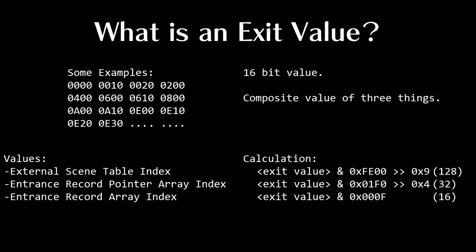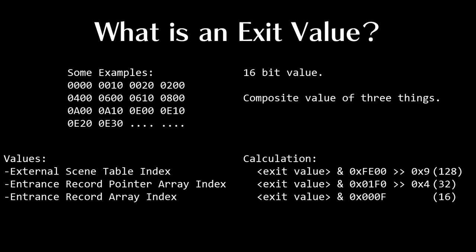And then finally, for the entrance record array index, it's the exit value with a bitwise AND of F. This means for the external scene index, at most 128 total indexes can be accessed, 32 total for the pointer array, and 16 total for the entrance record array.